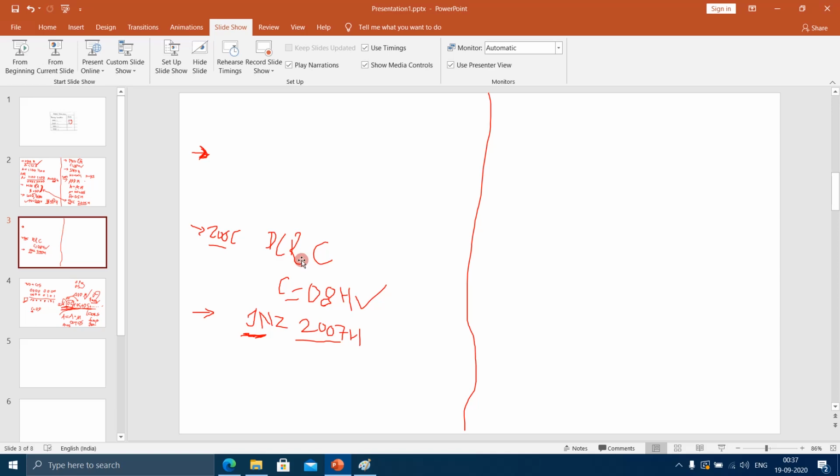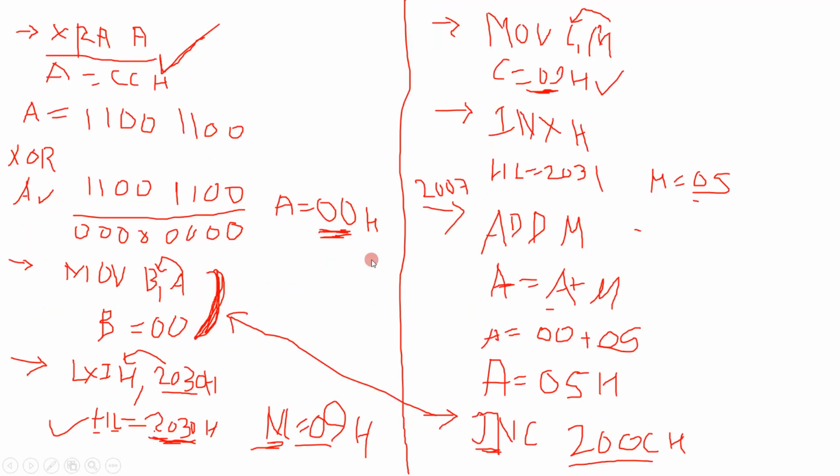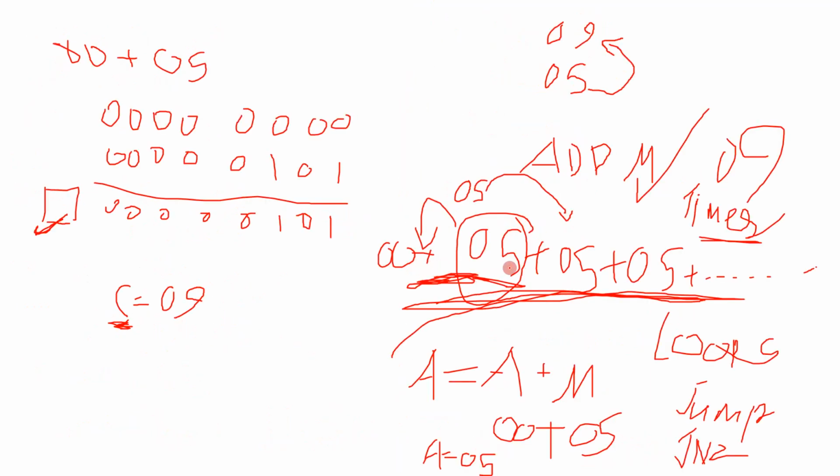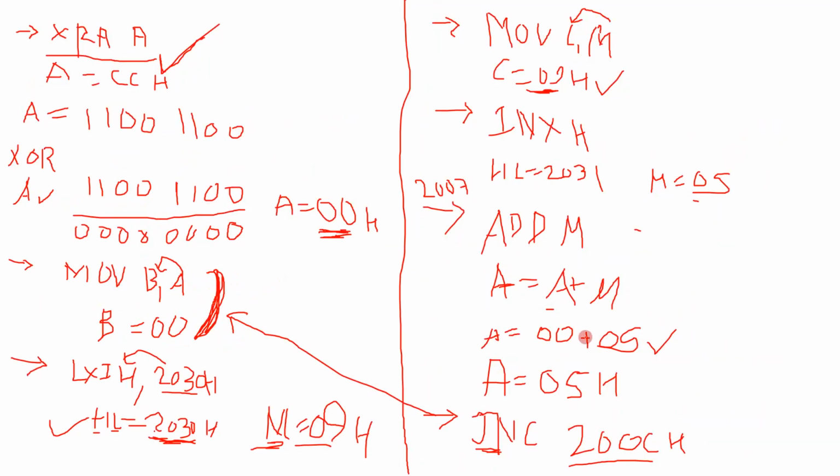So what happened here is, we have successfully added 00 to 05. This is what we wanted. We are successfully done adding 05 once.